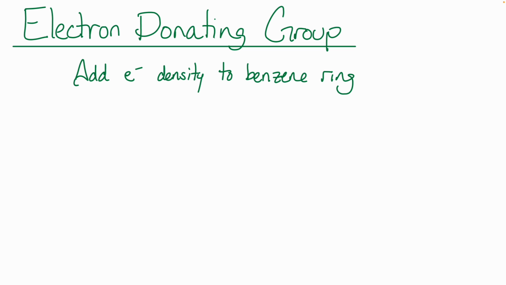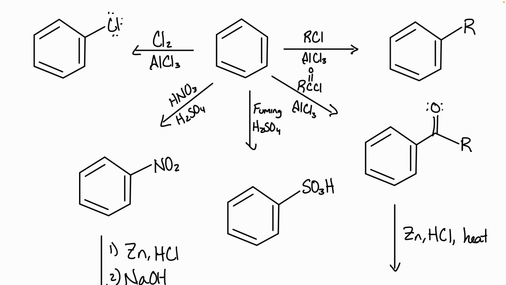Better nucleophile. So these are going to be groups that if we have on our benzene ring, they're even better nucleophiles than just benzene all by itself. All right? So add electron density to the ring. These are creating better nucleophiles. All right, so let's take a look at one example.